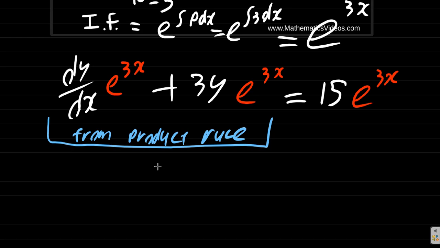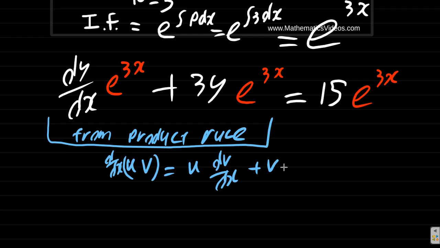You have the product of two functions. One of them is u and the other one is v. You multiply these. Now, the derivative with respect to x of uv equals u times dv by dx plus v times du by dx. Remember that.